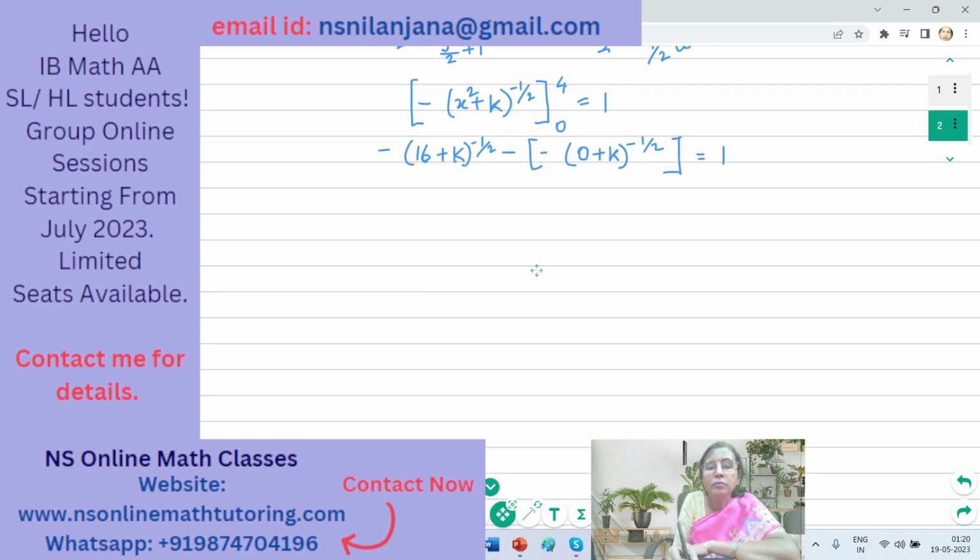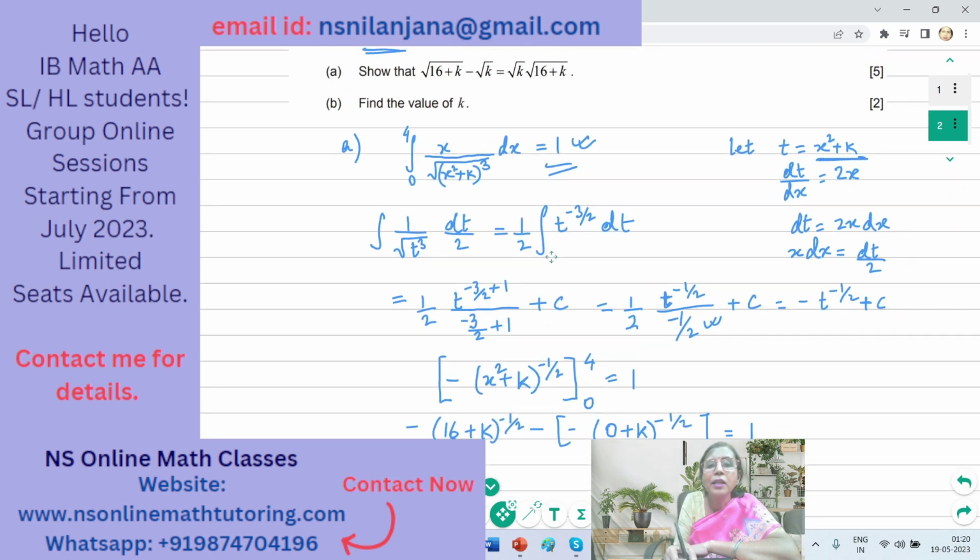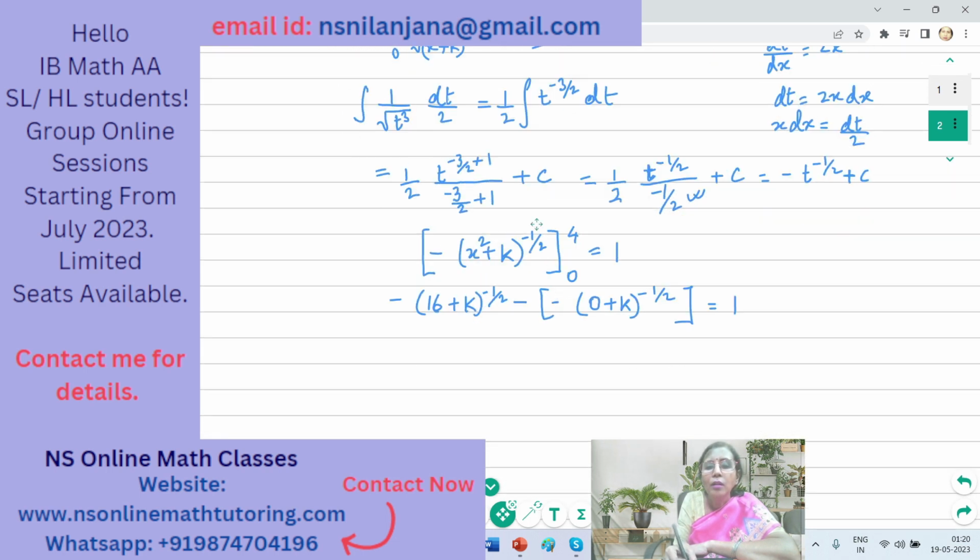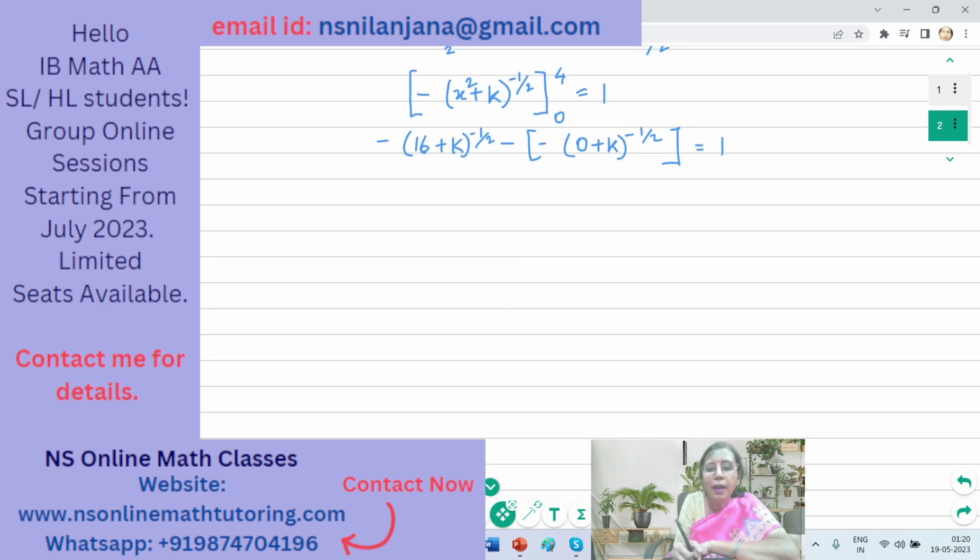And since the expression is containing square roots, instead of negative half, let me write this in this form. Negative 1 over square root of, now you see the 16 has come. So we may be a little more energized seeing the 16, because previously when we had started, we had no idea whether we are on the right track or we are doing something useless.